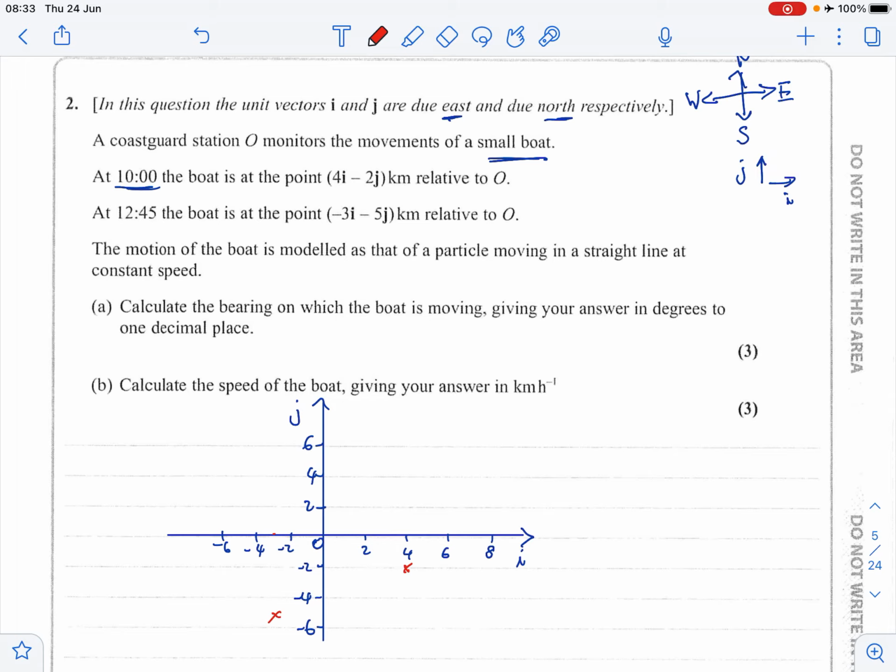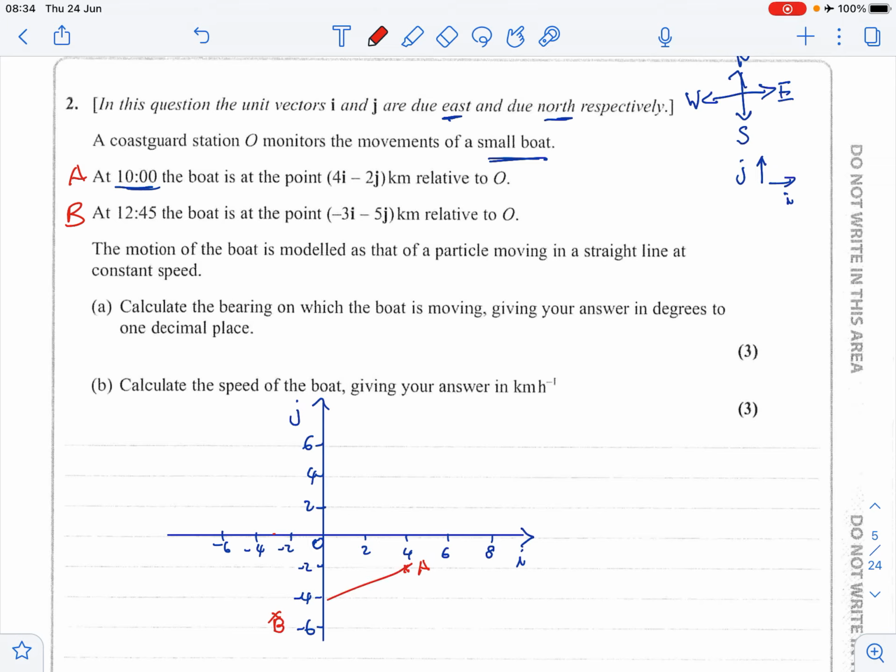Part A, we want to calculate the bearing at which the boat is moving, giving your answer in degrees to 1 decimal place. I'm going to call this point A and this point B. The question asks us to find the bearing at which the boat is moving.